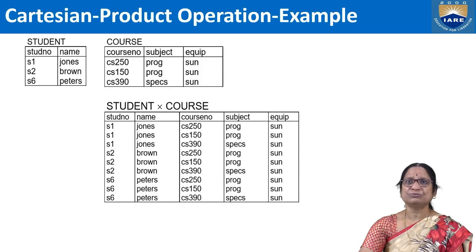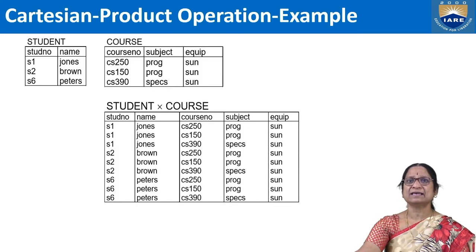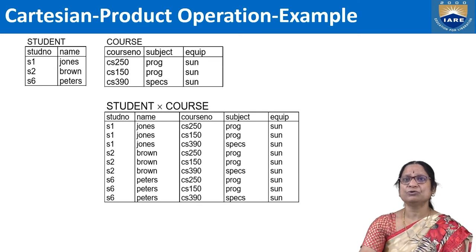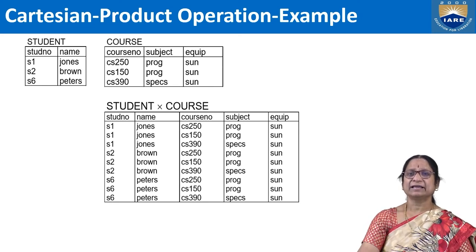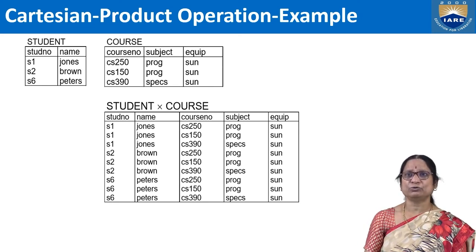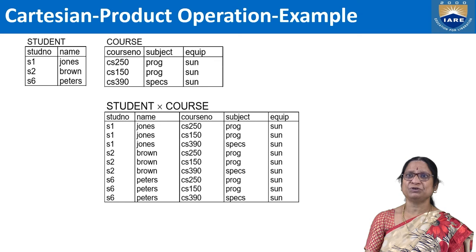So another example of student and course: you observe student is having 3 tuples, course is having 3 tuples. So 3 into 3 means 9 tuples I will get as a Cartesian product of student and course. You observe S1 Jones is mapping with CS250, programming, Sun. Same S1 Jones is mapping with CS150, programming, Sun.